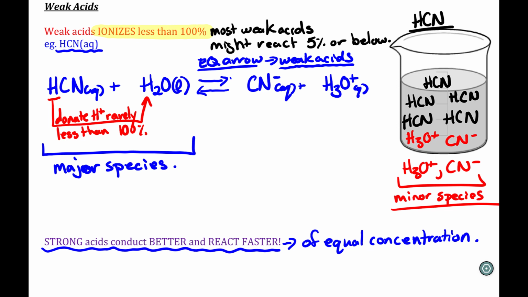So to be clear, when you write an ionization equation for HCN, you include an equilibrium arrow because the reaction does not go to completion. The definition of a weak acid is not the pH it produces, but rather the fact that it does not ionize 100%.